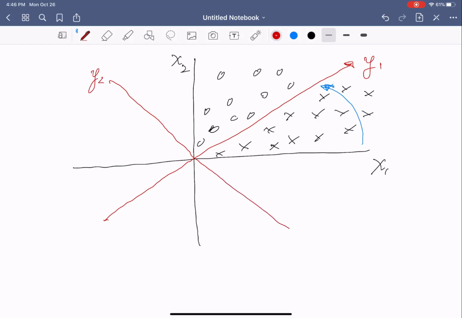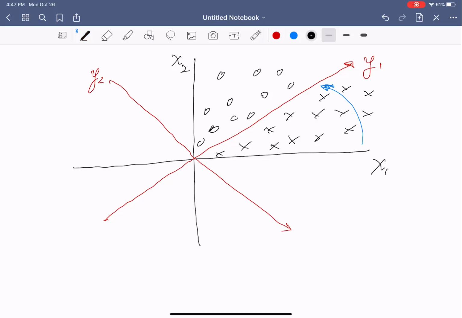So we're taking the coordinates x1 and x2 and rotating that whole graph until the x1 is the same as the y1 and the x2 as the y2.